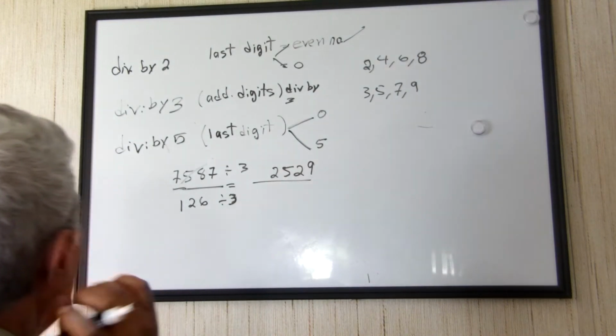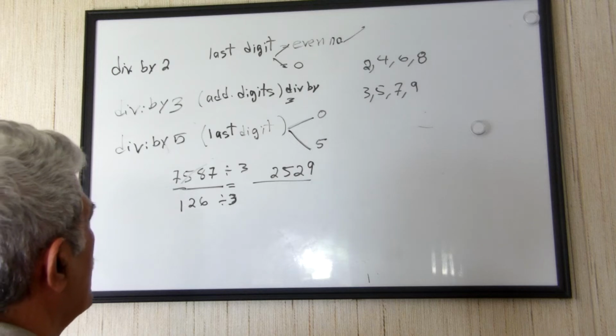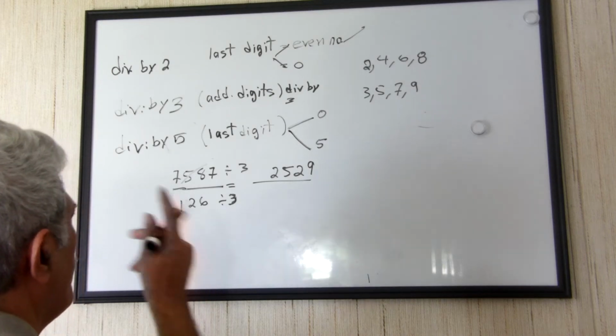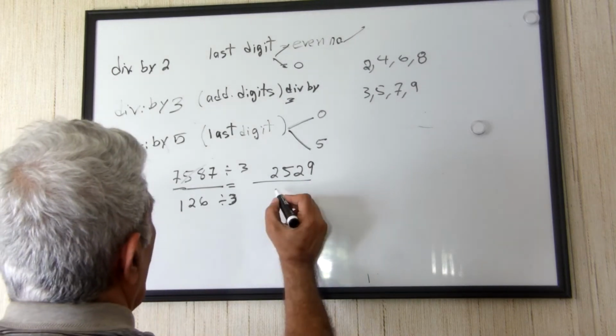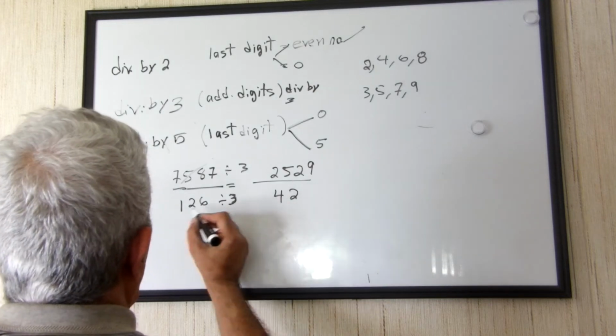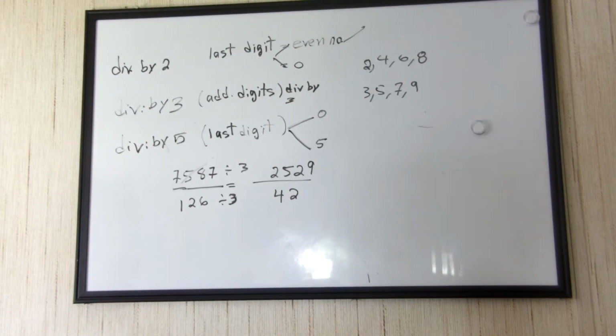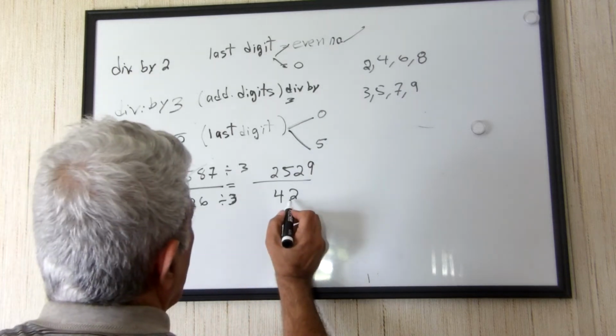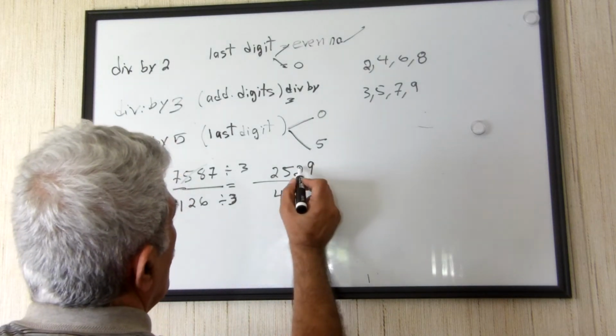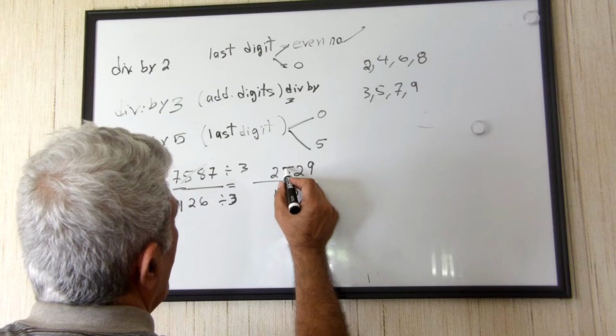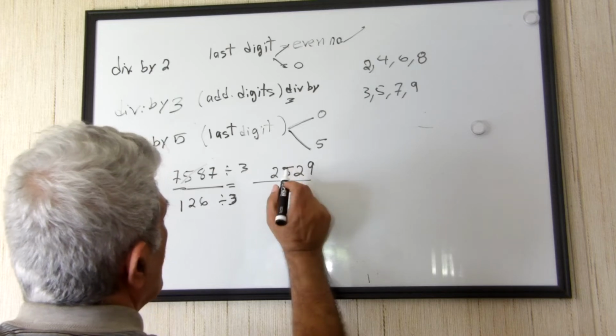Let me explain this one. Let me finish this one first. This is going to be 42, divided by 3. We say 4 plus 2 is 6, 9, 2 is 11, 11, 5 is 16, plus 2 is 18.